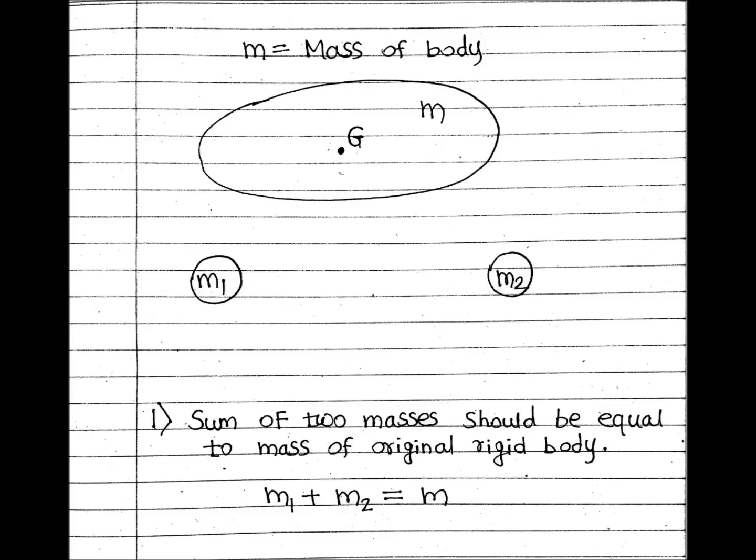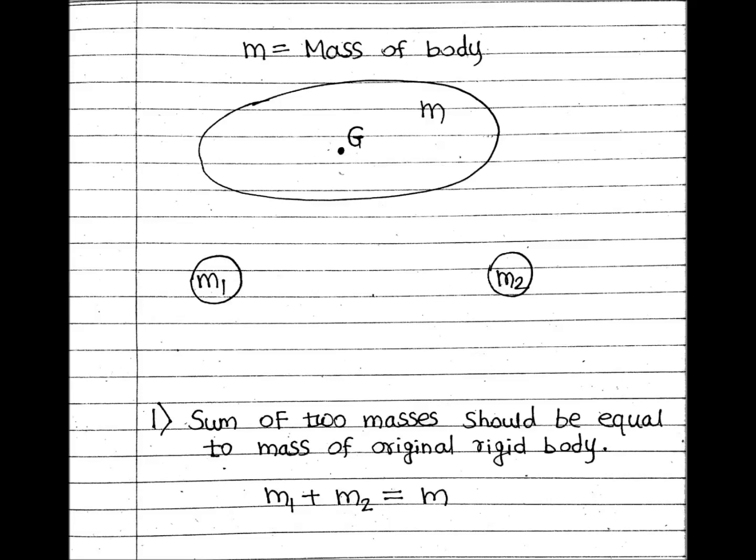A two mass system will be equivalent to the original rigid body only when it satisfies certain conditions. First condition is the summation of masses of the two bodies should be equal to the mass of the original rigid body. Let us say m is the mass of the rigid body, m1 is the mass of one body, and m2 is the mass of the other body.